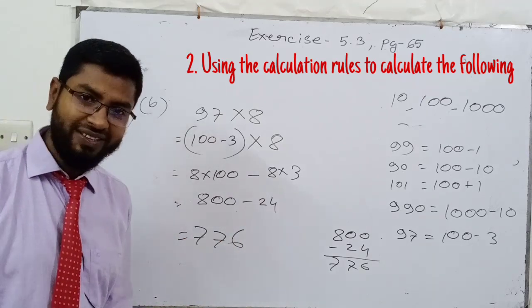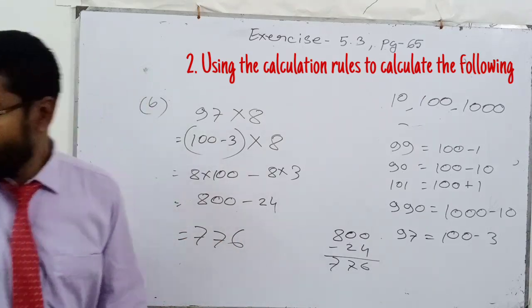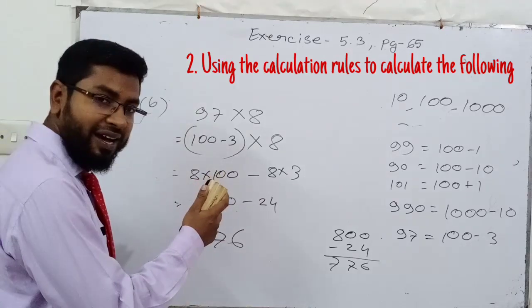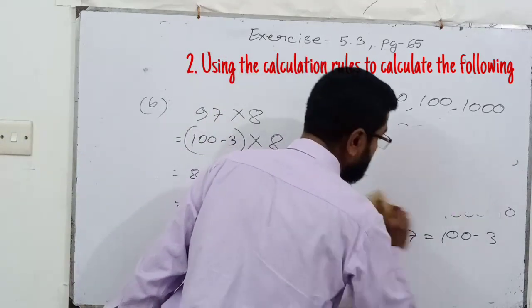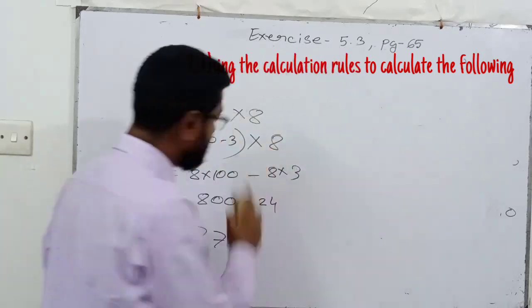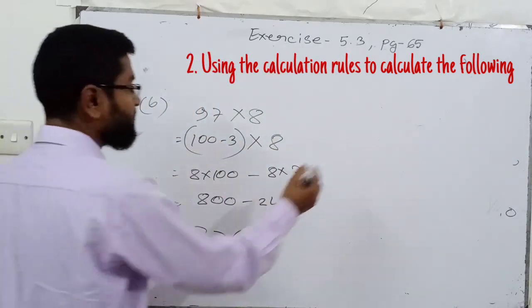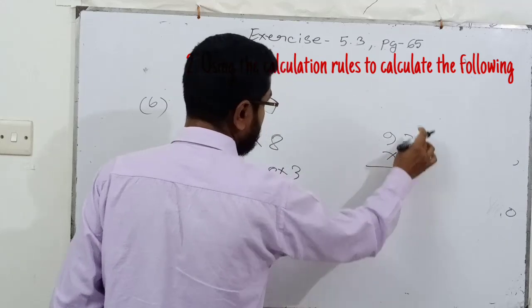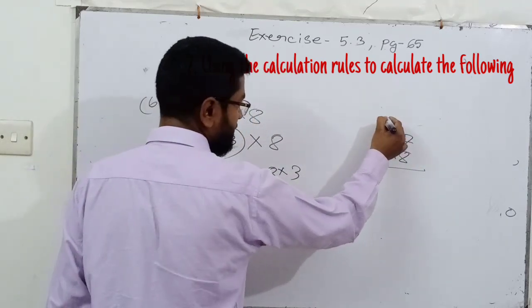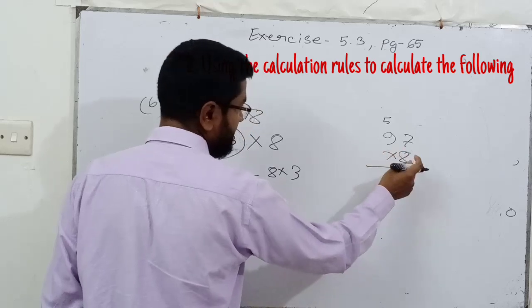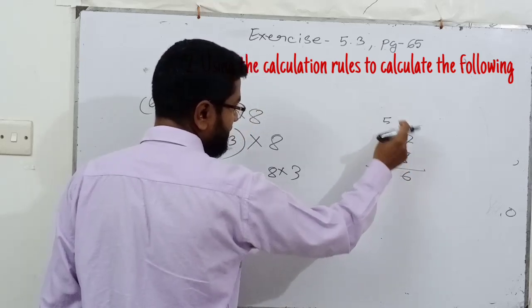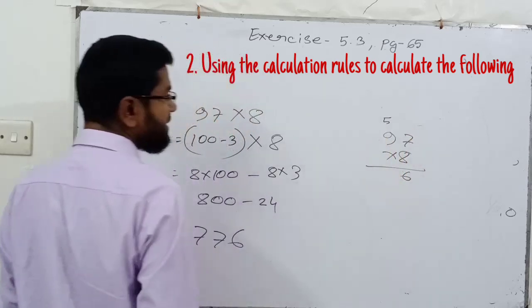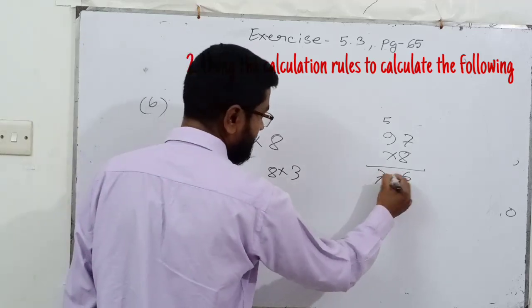Don't you believe? I will show you the process again. If we calculate this math this way: 97 multiply 8. 8 sevens are 56, 5 is carrying. 8 nines are 72, and 5 is 77.